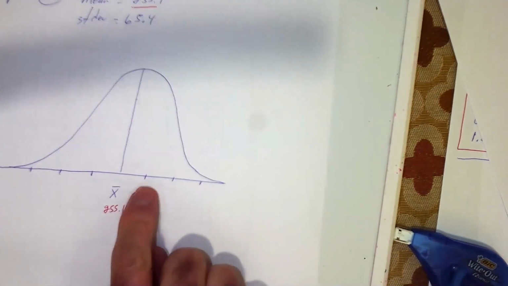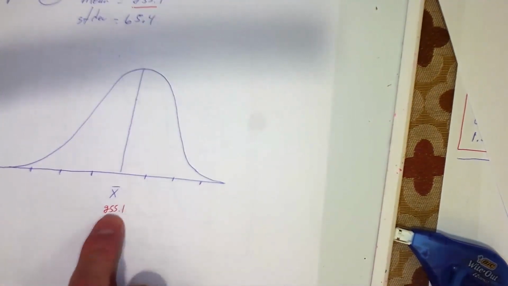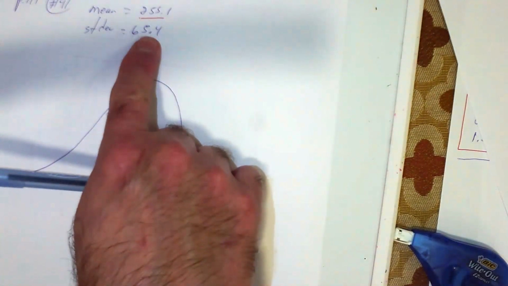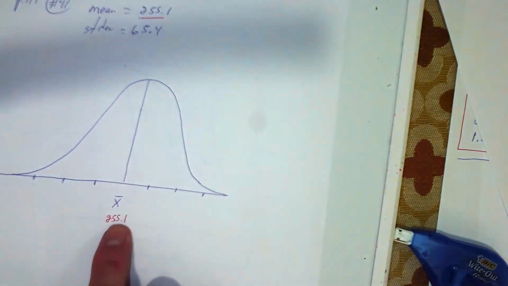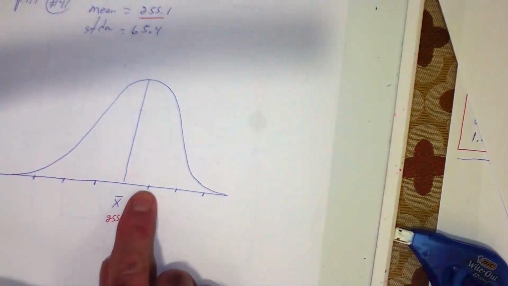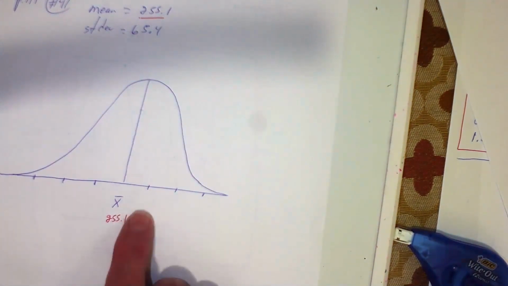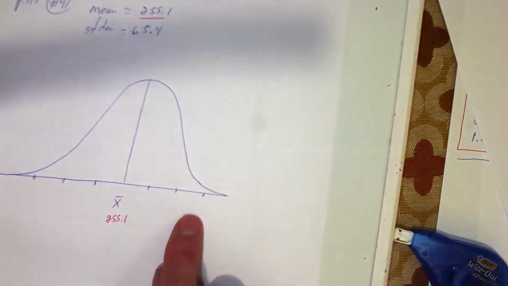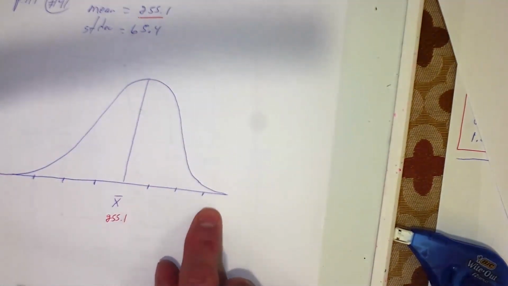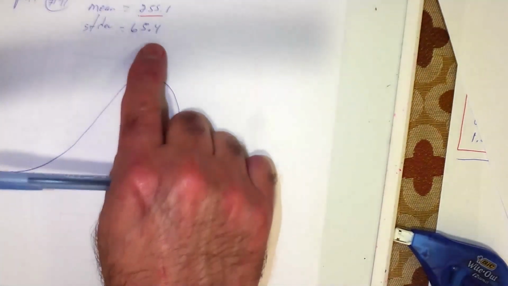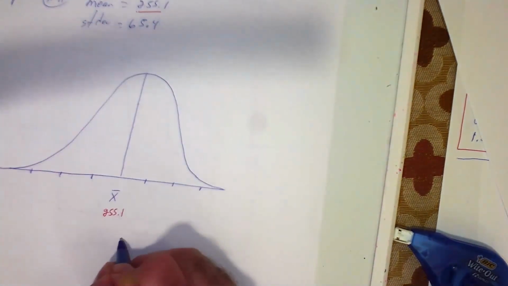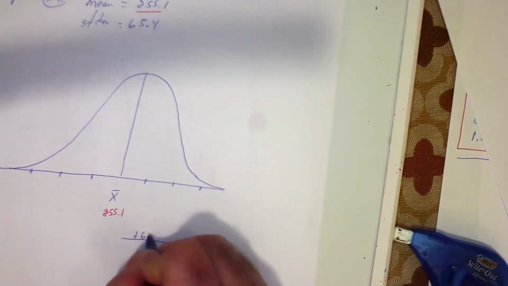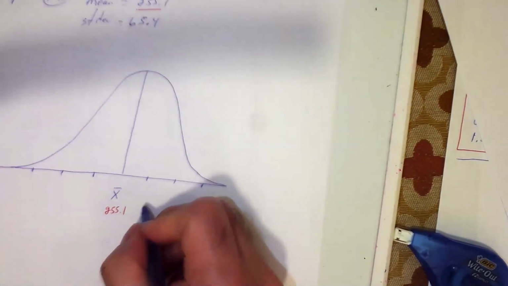And to figure what these are, as you go right, you add a standard deviation to that number. You add 65.4 to that number, and then whatever answer you get, you add another 65.4, and then another 65.4. So you continue to add 65.4 as you go that way.